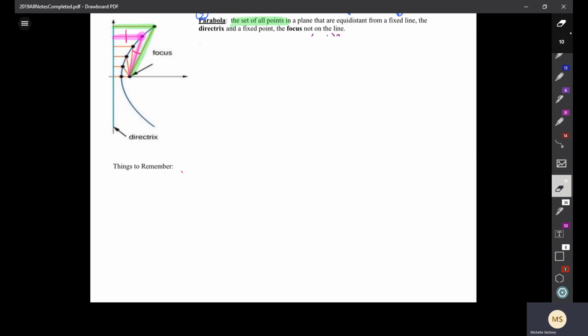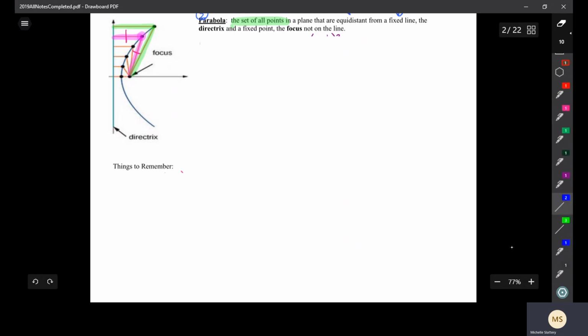The 2 green segments are congruent because we go from the focus to a point on the parabola and that same point to the directrix. We also want to make sure that we understand that these angles here are always right angles, because the distance is always a perpendicular segment.